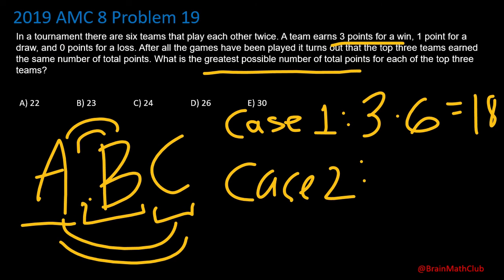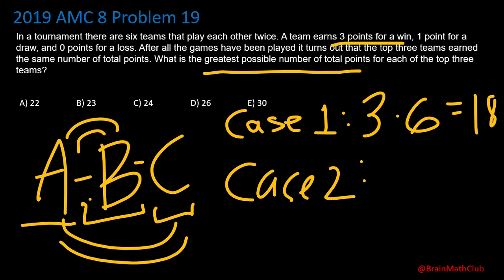This is because these 3 teams earned the same number of points, so we want to build a symmetry so that all 3 teams can earn the same number of points. So now I'm going to split case 2 into 2 subcases: what happens if there are 2 draws, and what happens if there's a win and a loss.